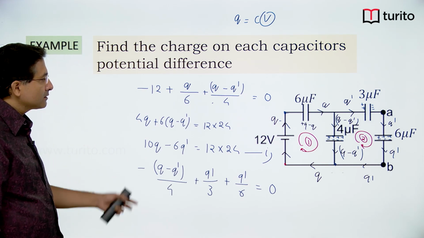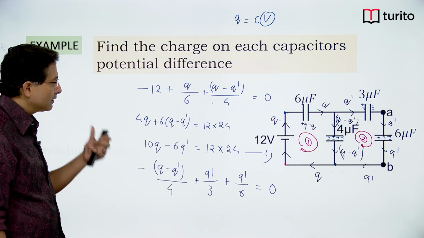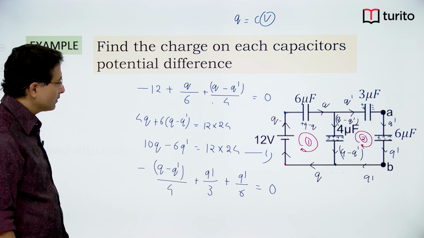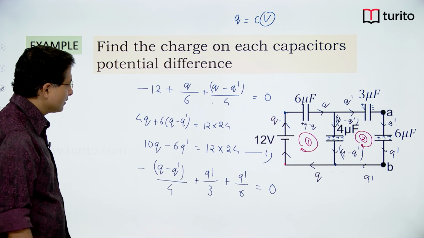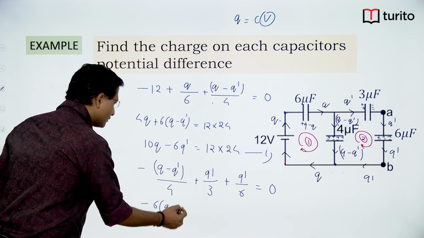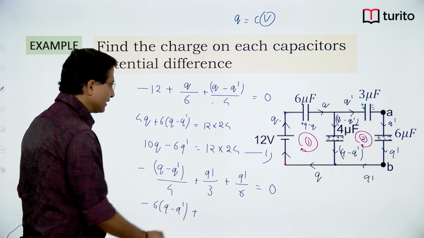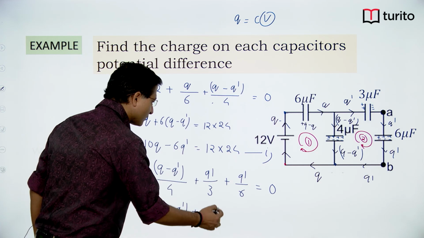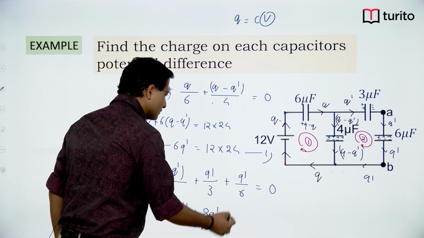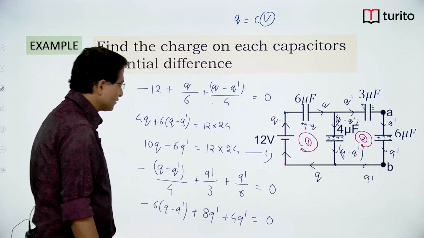Now I can simplify this one. If I multiply this whole thing by 24, this will become 6. So minus 6 times (q minus q dash), plus 8 q dash, and plus 4 q dash, is equal to 0.